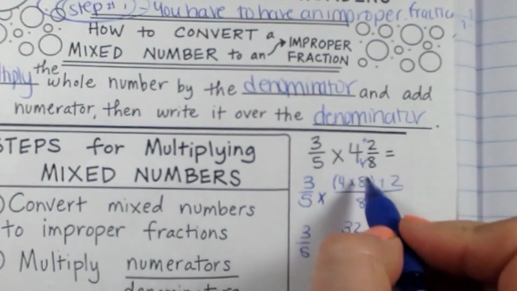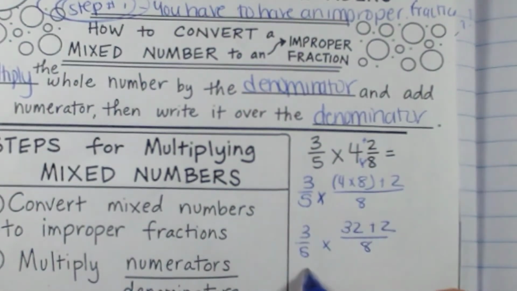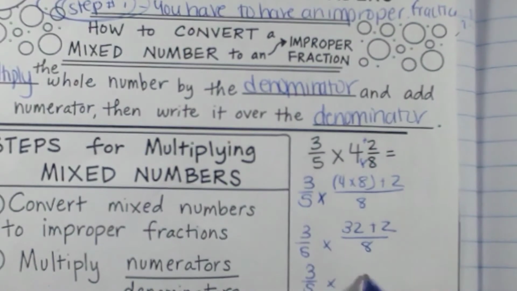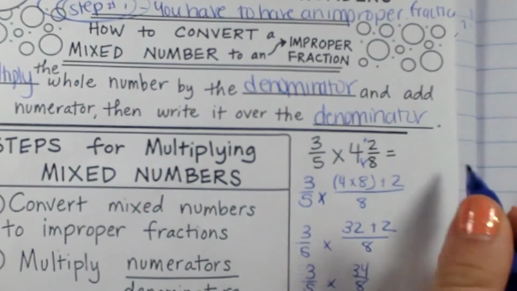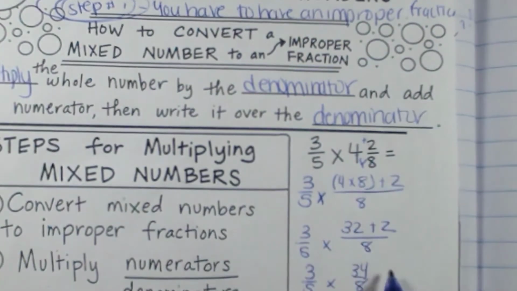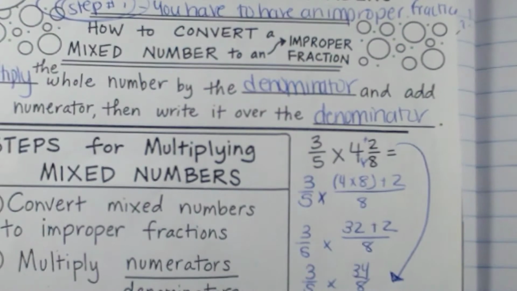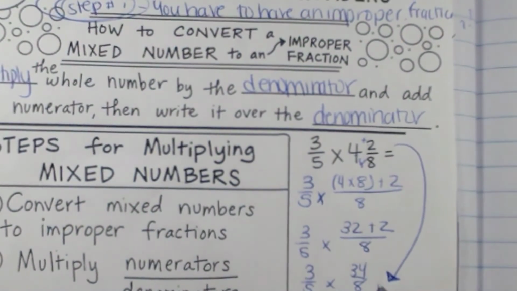I'm still just doing 8 times 4 plus 2. 3/5 times 34 over 8. So 8 times 4 is 32, 2 plus 2 is 34. That is my improper fraction for my mixed number.